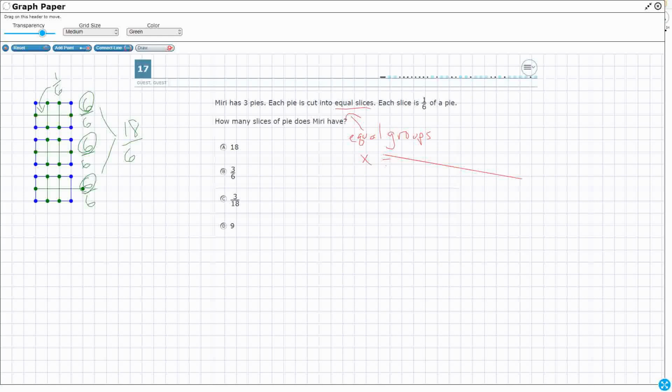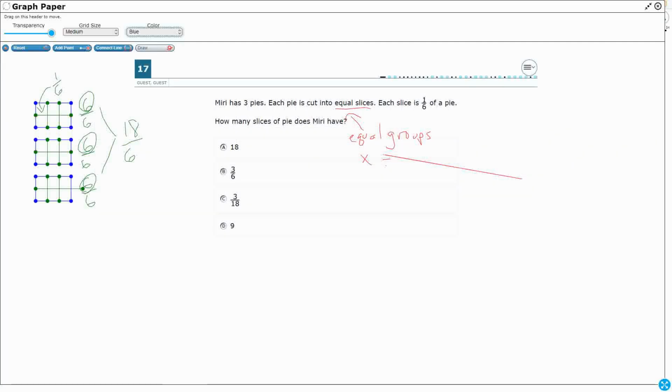Now, how can I represent that with an equation? Well, what we did is we took our whole. We've got 3 pies, and we divided it. I took each of my pies and I divided it into a fraction, and each of these fractions was 1/6. Now, we call these unit fractions.